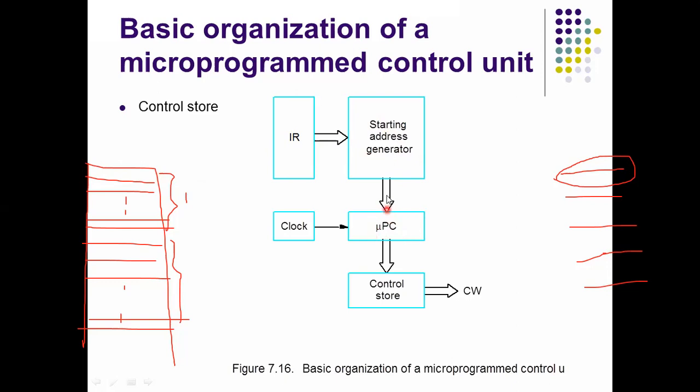That means from this we take one micro instruction at a time, and whenever we take one micro instruction, this micro program counter is incremented by one by the clock. All the micro instructions are stored in this control store. From this control store, we get the control words. So this is the procedure in this microprogrammed control unit.